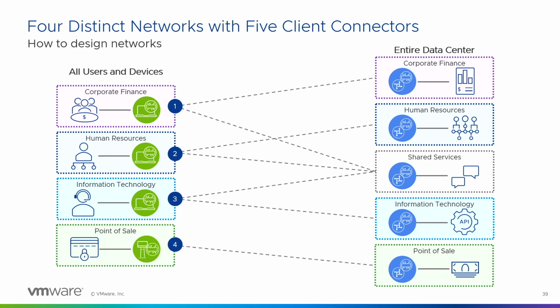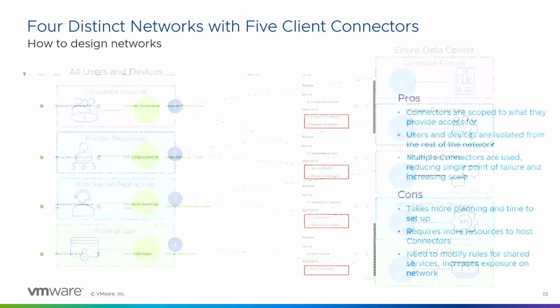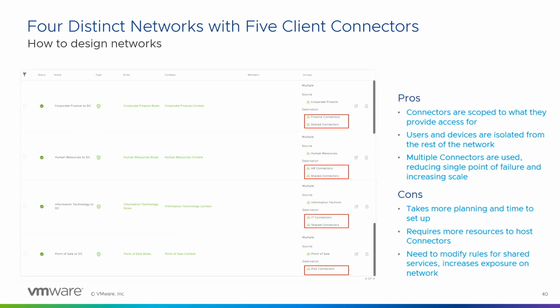So maybe there are common services that corporate HR and IT need to access, and it doesn't make sense to just lump it all together. So you want to break it out so you can be more precise, more articulate in your policy. So when we do something like this, we expand out what our networks are going to look like. They have dedicated connectors.